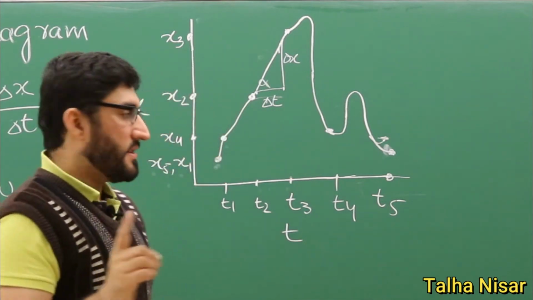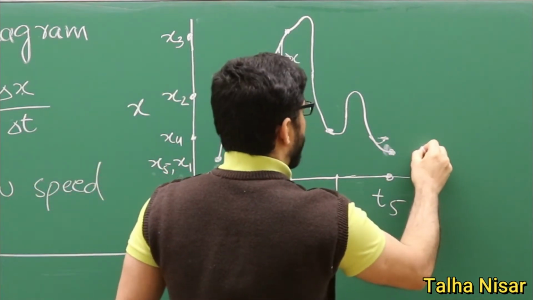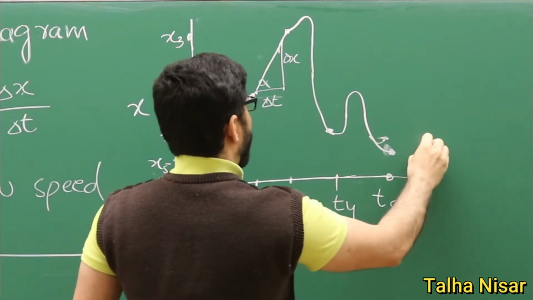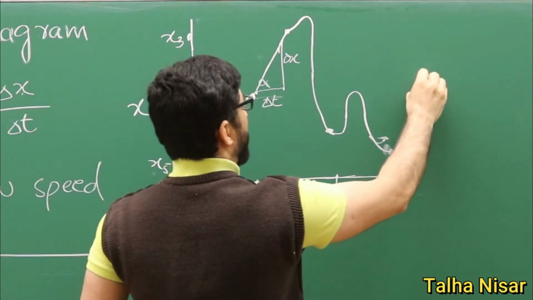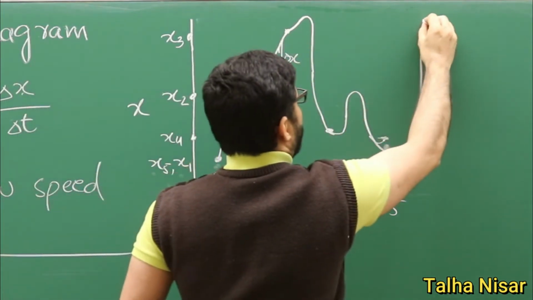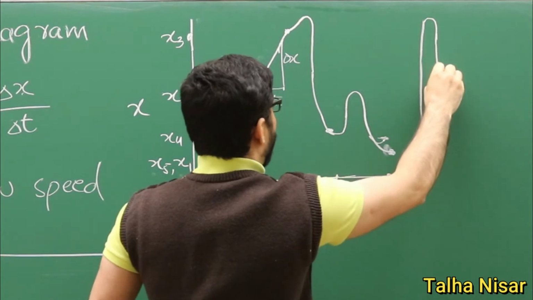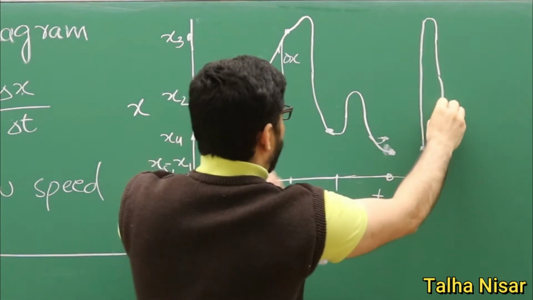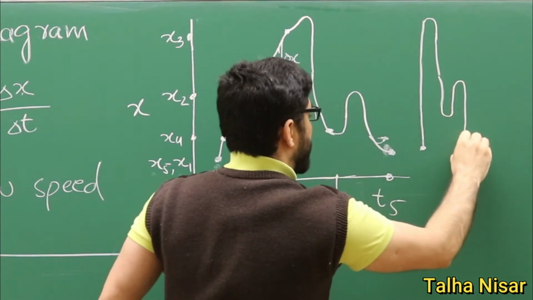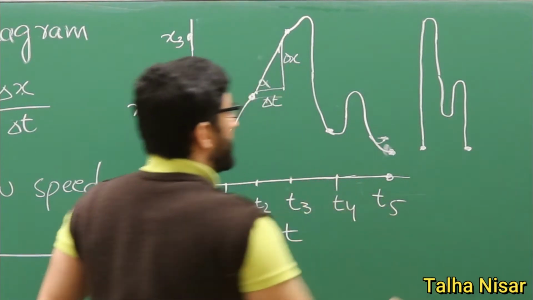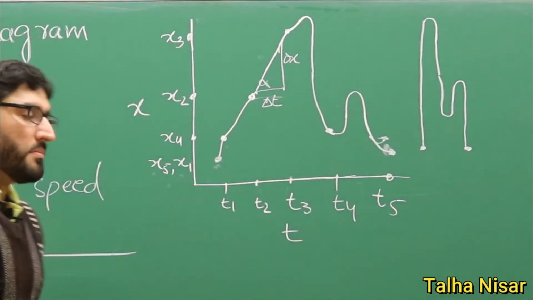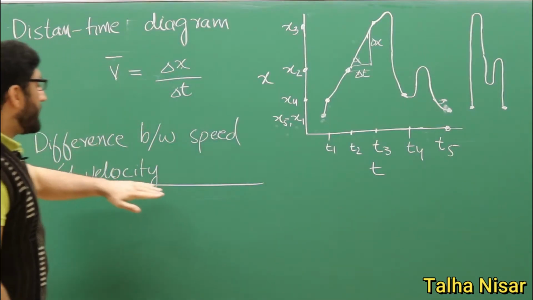What actually happens is that the object started its motion from x1 here, it goes to x2, all the way up to x3 here, and then it's coming back to x4. Here we have x4, and then it's again going up, and then it's coming to x5. So this is the complete trajectory of this object.